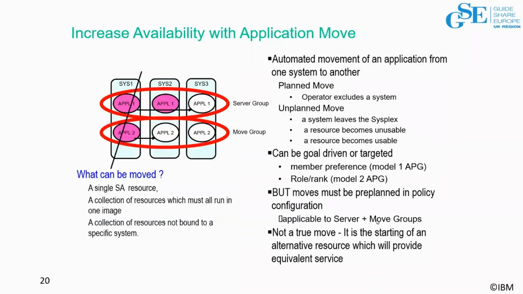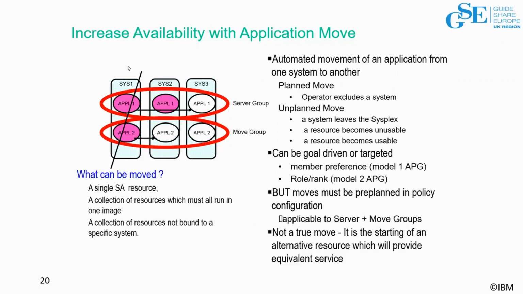So with move groups, like this, a server group or a move group, say system one in this particular case goes away, then system automation will react to that, and based on what the goals are in the policy, it will move the application to another system.